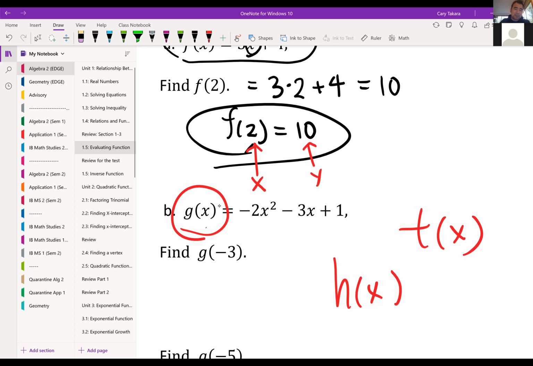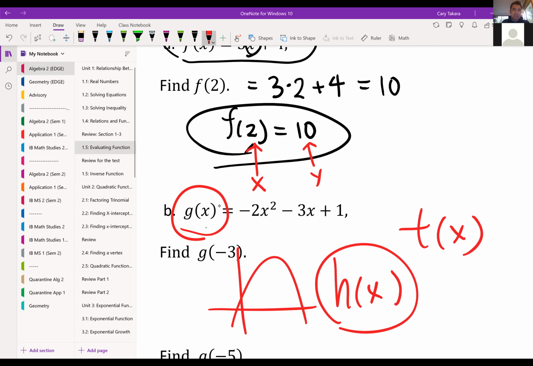Sometimes when you're talking about throwing a projectile, you're describing the height of the object thrown into the air, like an upside down parabola. Then oftentimes they use h, because h as in height, right?